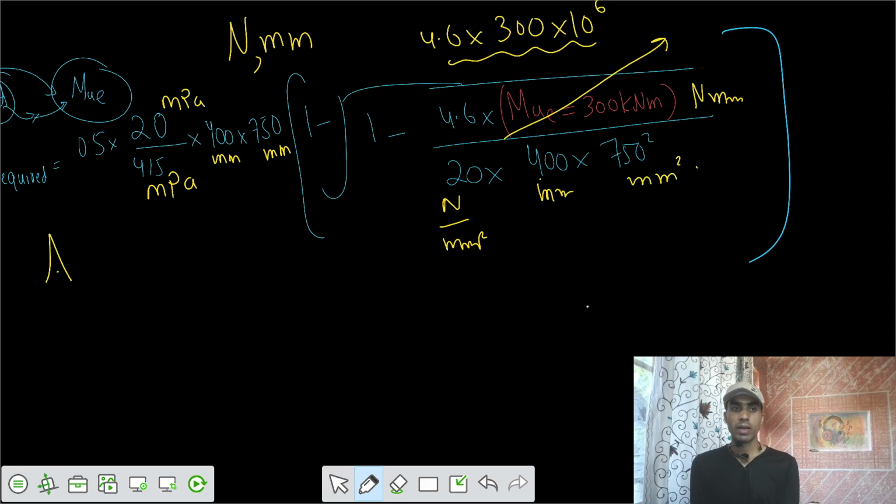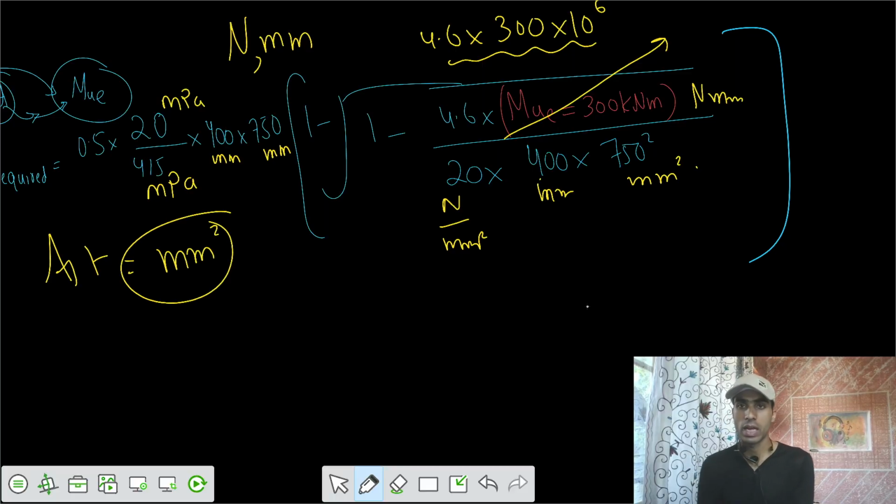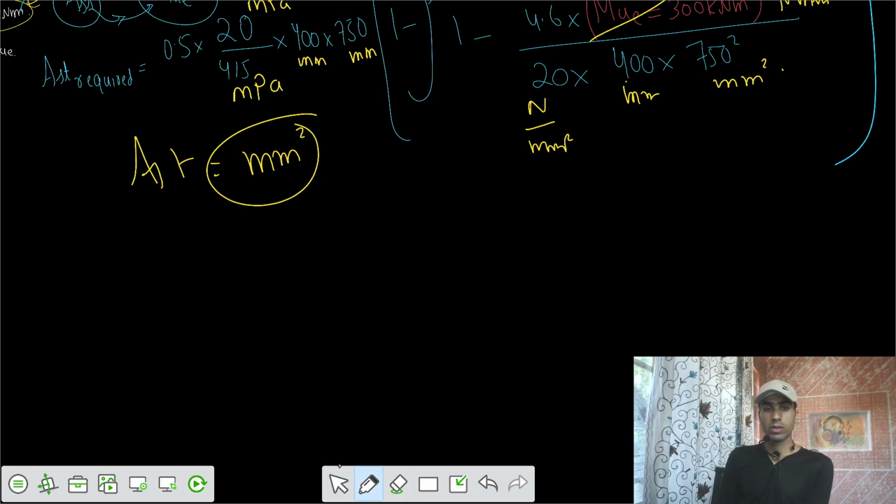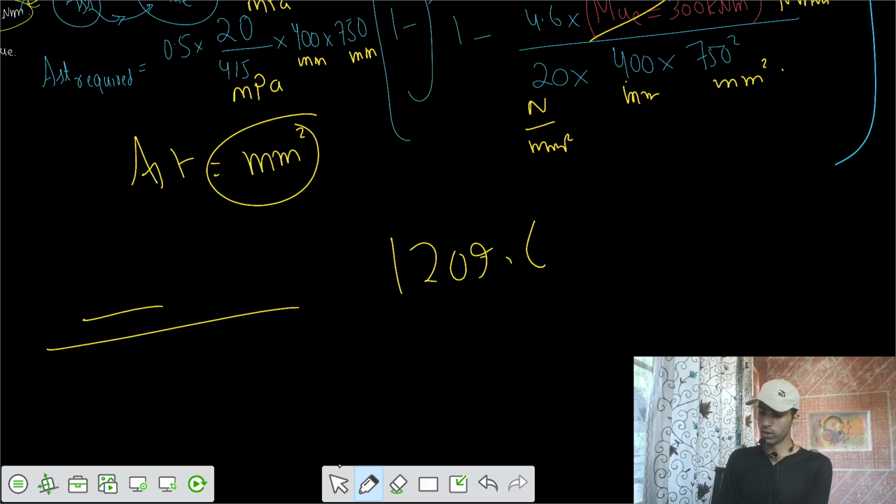Finally, you would get a value of AST as millimeter square. So that value of AST required is equal to 1209.6 millimeters square.